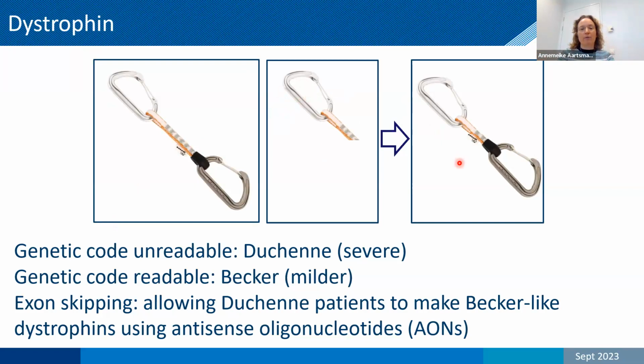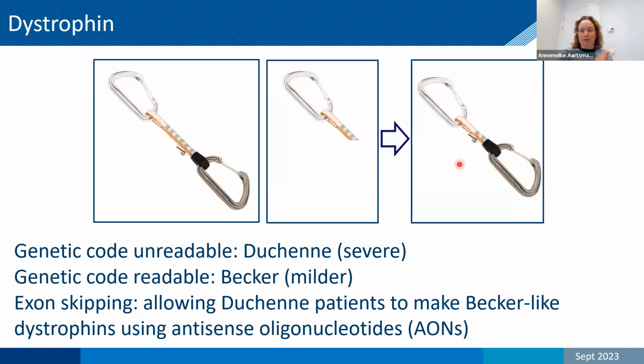There's another disease called Becker muscular dystrophy, and you can see here the elastic middle is much shorter, but the 2 important domains at the beginning and the end of the protein are there. So these dystrophins are partially functional, and we know this because they're found in patients with Becker muscular dystrophy.